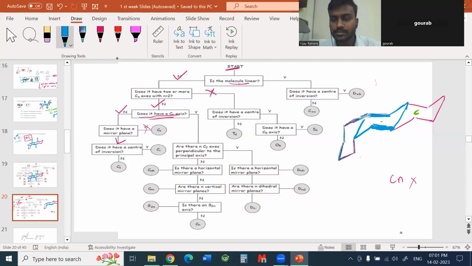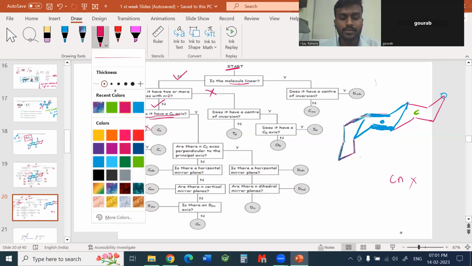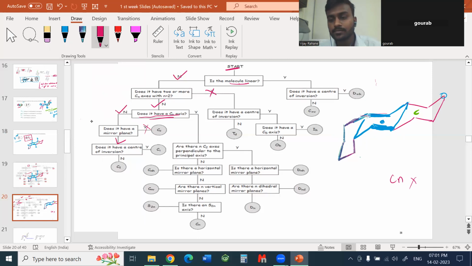Where will be the center? Here will be the center of this molecule. But if you go in another direction, there is no atom opposite to this one.